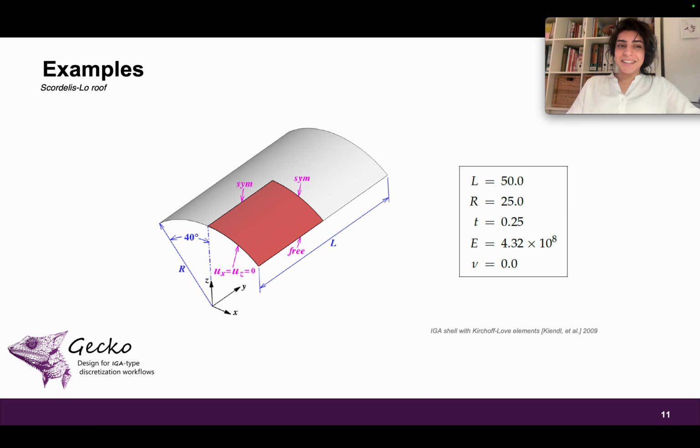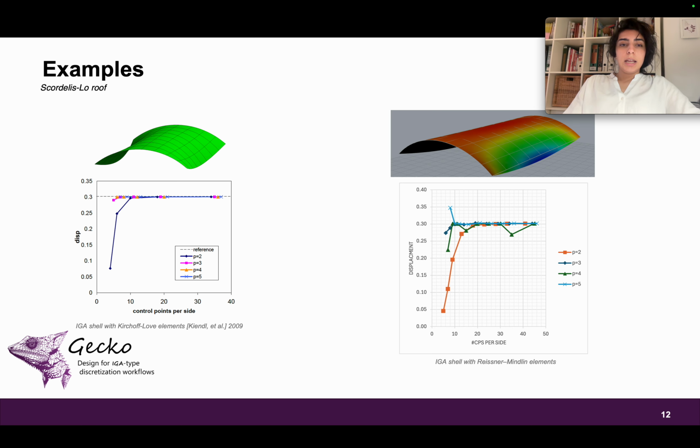Now, Cordelia's roof. The thing here is that we have a curved shell now, and so our normals need some editing, because they change with the deformation, so we need to have the derivatives of the normals integrated. The comparison was done with the Kirchhoff-Love and the work of Kiendl.